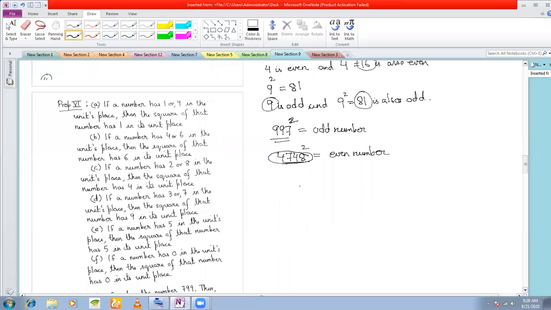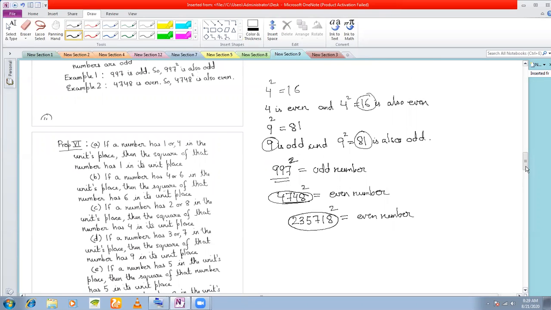Suppose I give you a big number. Tell me what should be the square of this number, even or odd? Even. It has to be even because you see that the number here is even. So the square of this must be an even number. Okay, so that is the rule. You square an odd number, you get an odd number.